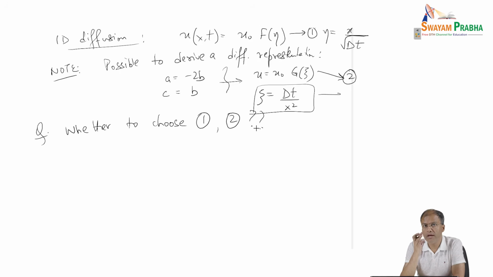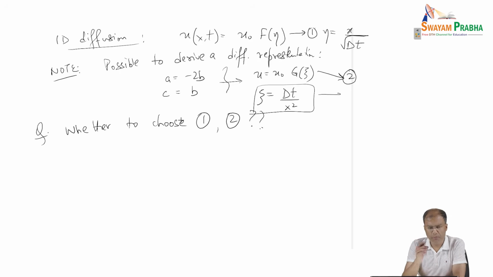To do that, we have to pin down what form of the solution we should choose, because it turns out using dimensional analysis that we could have multiple ways of representing the solution using different similarity variables, as we see here using form 1 or form 2.